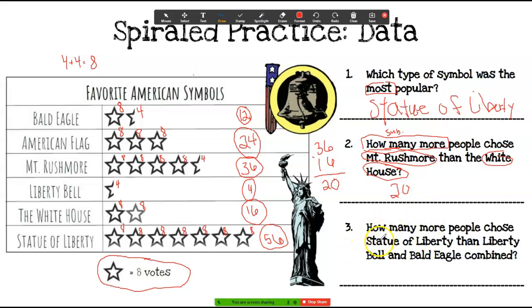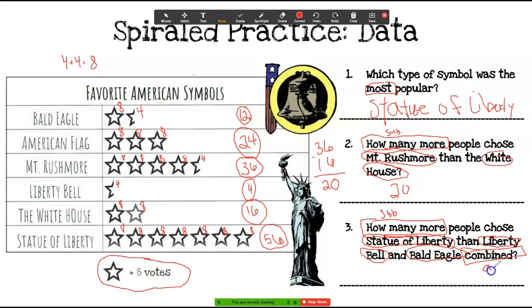All right, number 3. How many more people chose Statue of Liberty than Liberty Bell and Bald Eagle combined? So again, we have how many more, which means we're going to subtract. And we're looking at the Statue of Liberty, then the Liberty Bell and the Bald Eagle combined, which is another keyword.